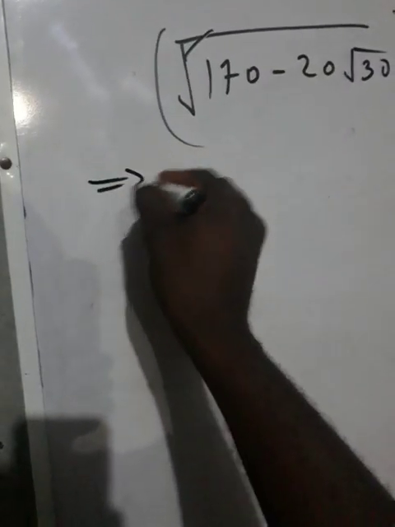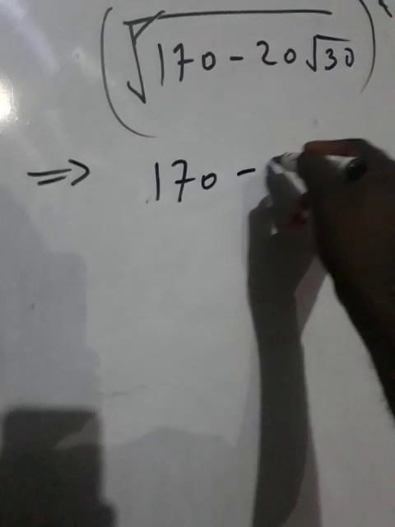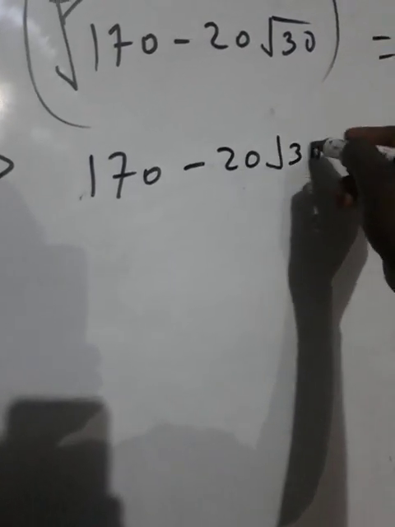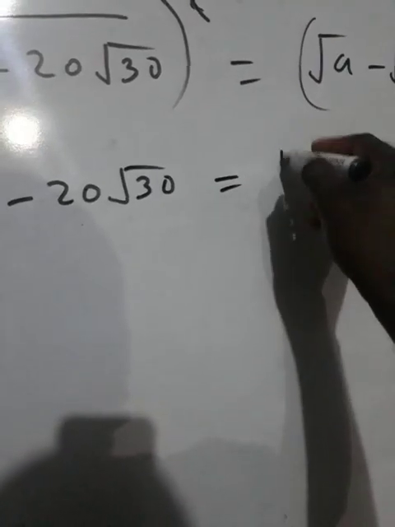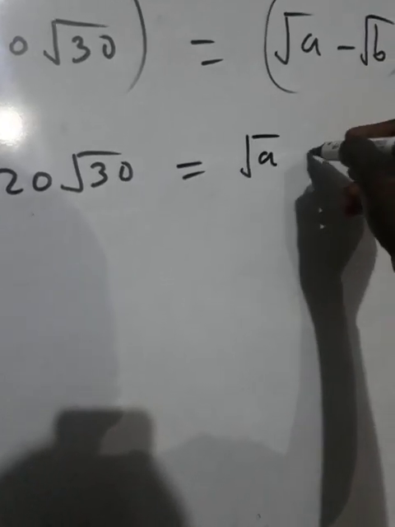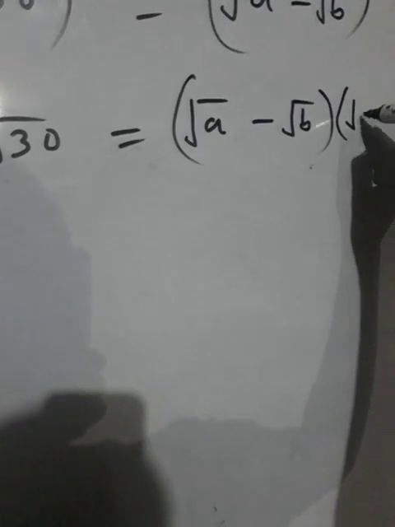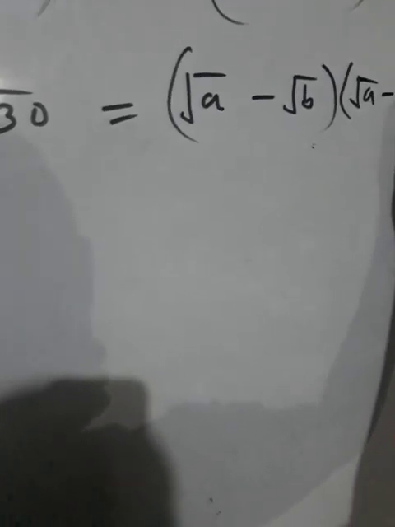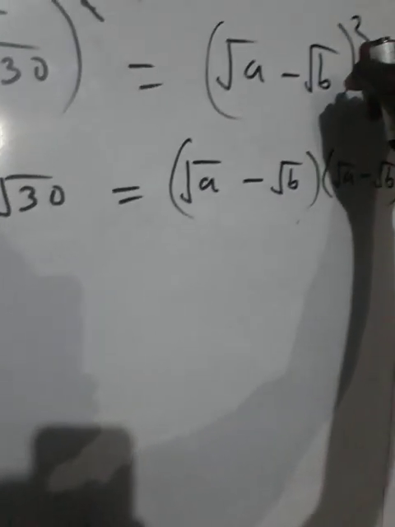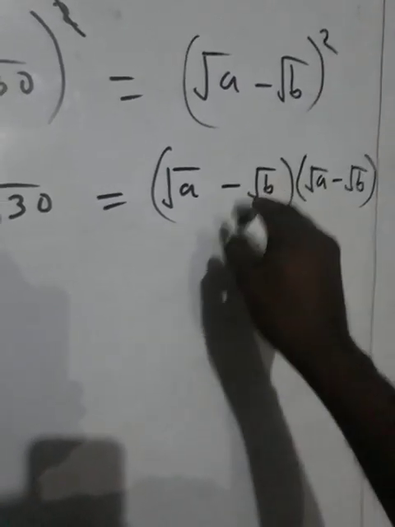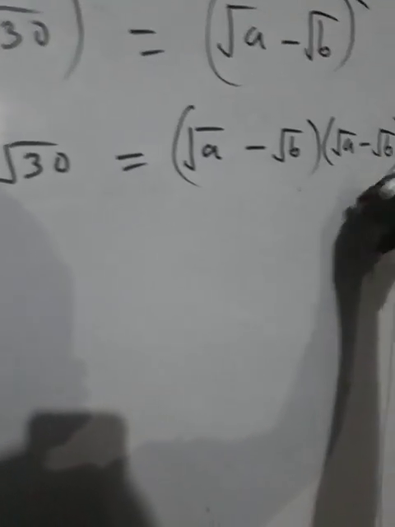Also, in this case, square will cancel square root. In this place, I'll now have 170 minus 20 root 30 equals root a minus root b times root a minus root b. Since it has square as a power, it means this value times itself.